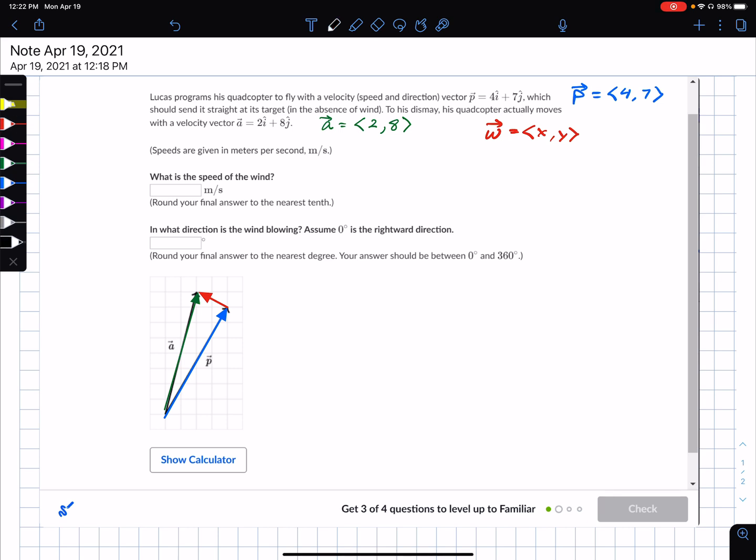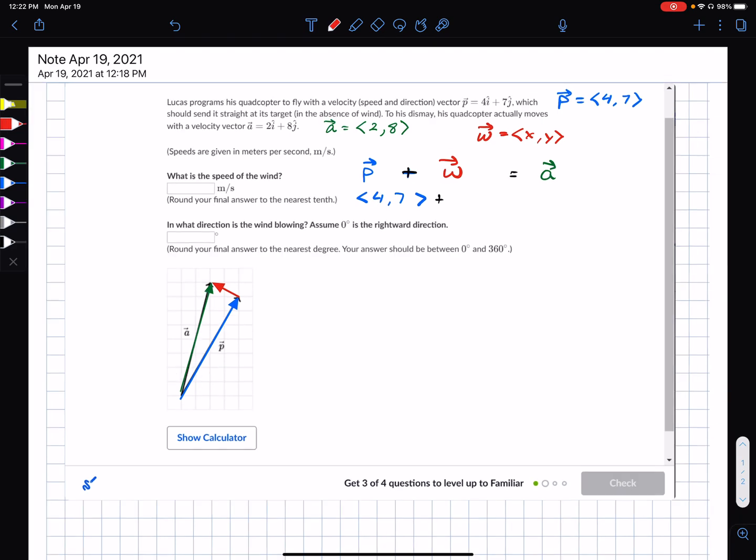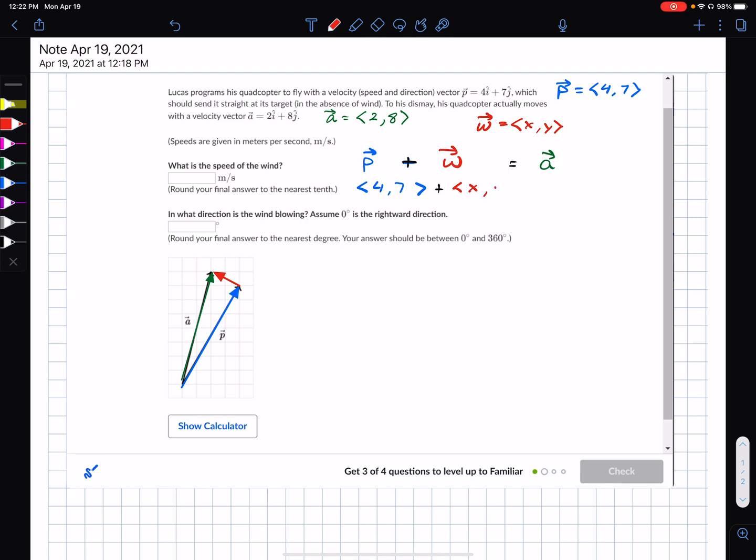If we set up an equation that says here was our flight program, and then wind was added to this situation, and the resultant vector, the actual vector that occurred, is A. So if we inject our component forms for these vectors, 4, 7 plus x, y has to all equal 2, 8.